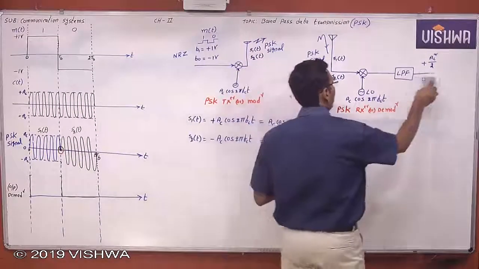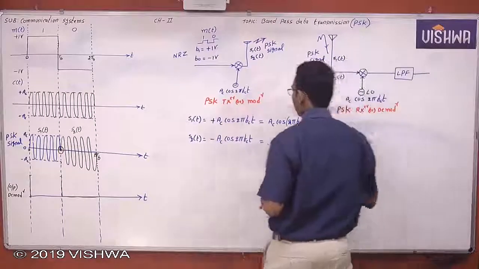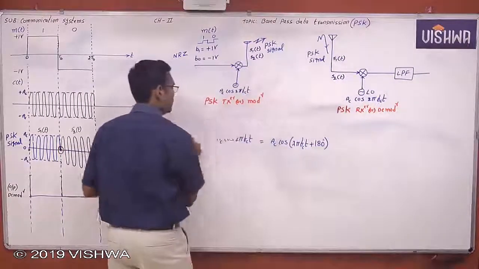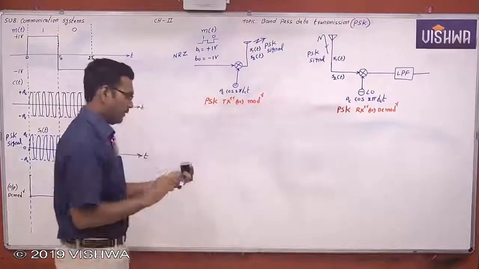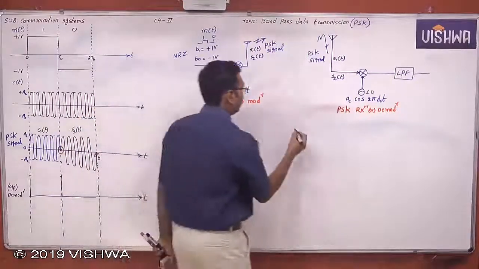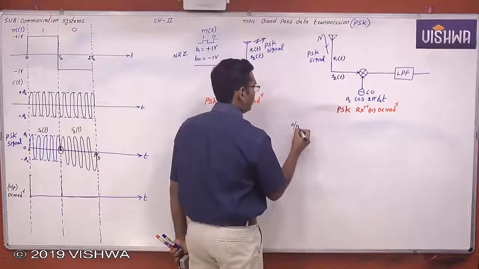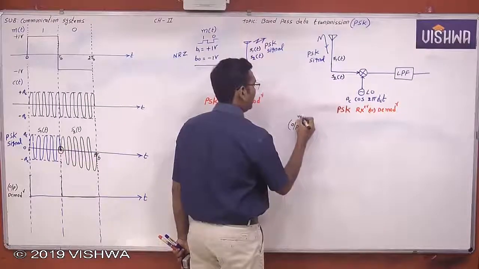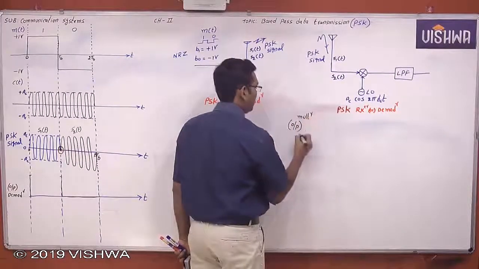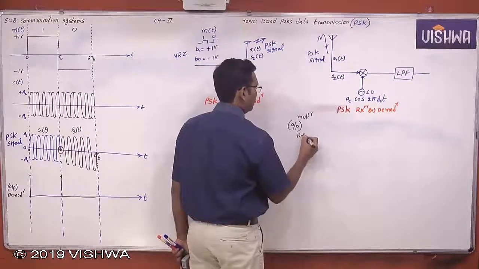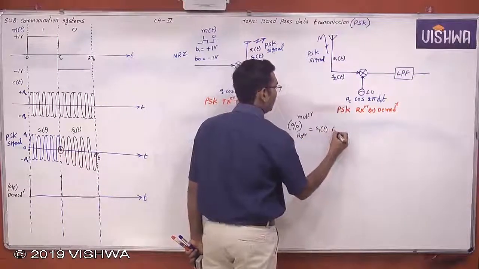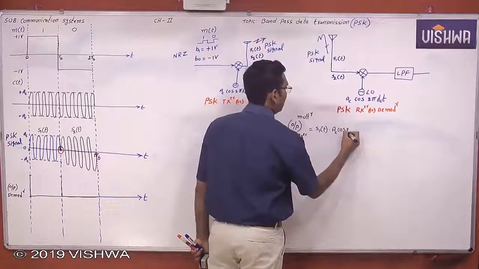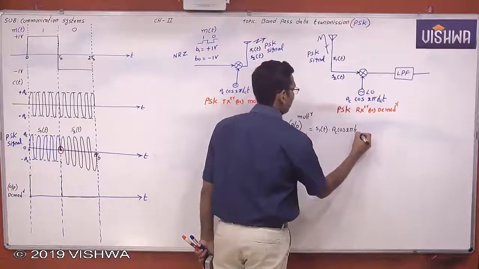Now we'll see what happens one by one. The output of the multiplier at the receiver is S1 of t multiplied with Ac cos 2 pi fct.